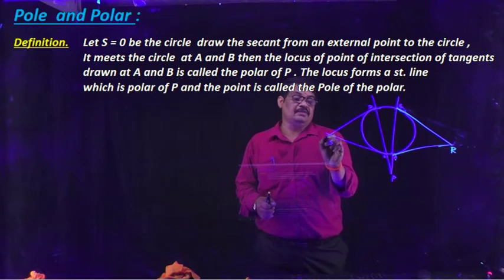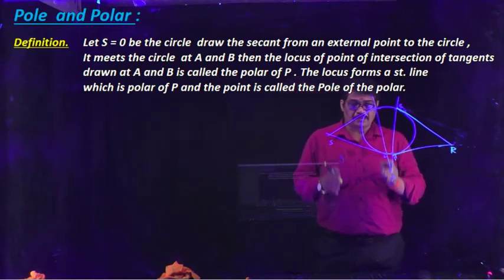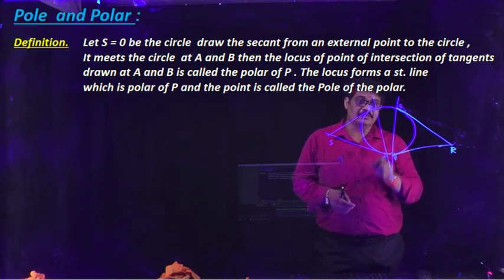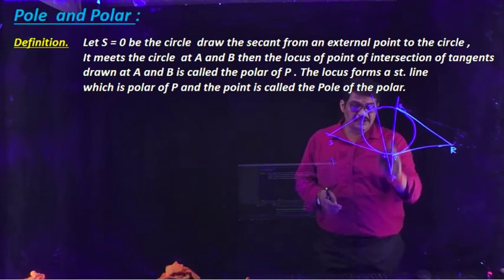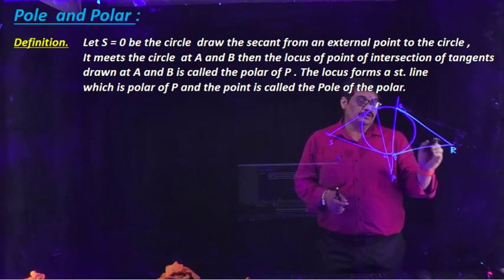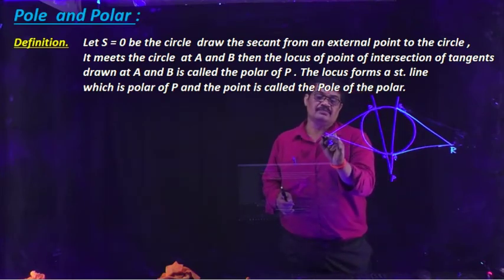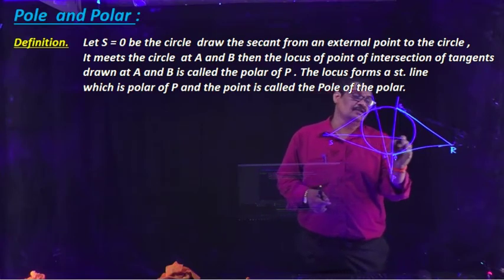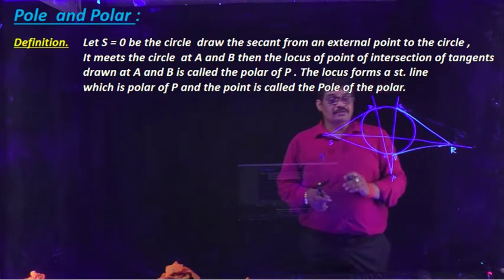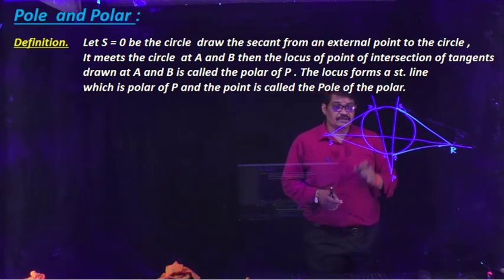These S and R are the points of intersection of the tangents drawn at the points where the secants meet the circle. Now the line joining R and S is the locus of the point of intersection of the tangents.